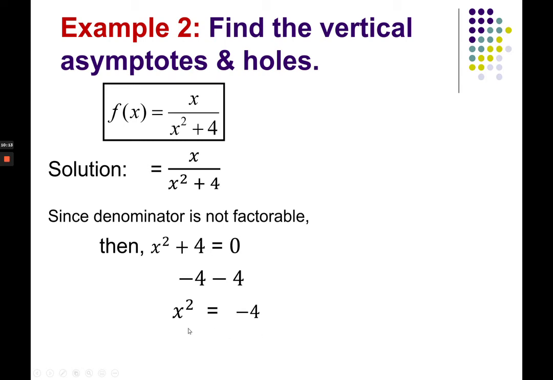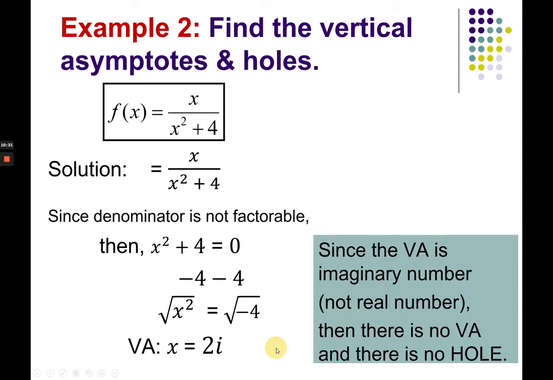To find x, we are going to perform the opposite. The opposite of square is square root. And so you are going to get an imaginary number. The square root of 4 is 2, so 2i. I represents the square root of negative 1. And so it is imaginary.